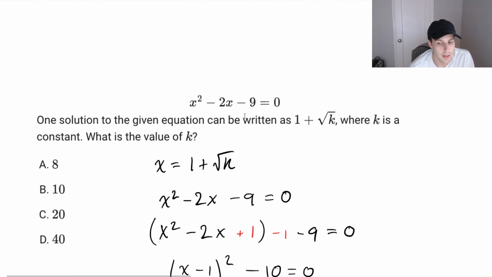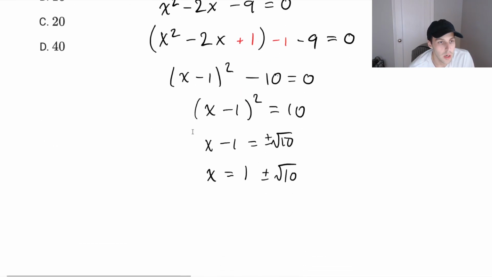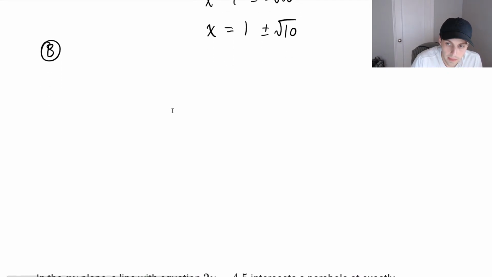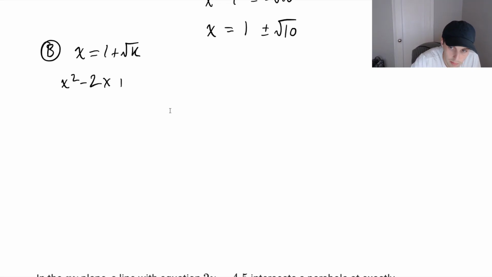Okay, let's see. Maybe there's another way that you'd want to solve this. Let's do option B here. Another way: if we know that x is equal to 1 plus square root of k, it takes this form, and we have the equation x squared minus 2x minus 9 is equal to 0.